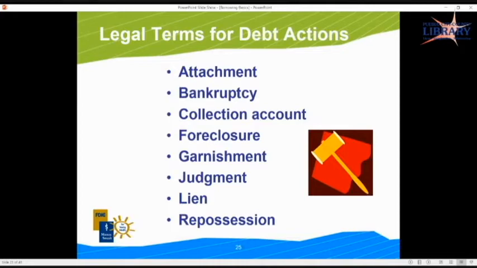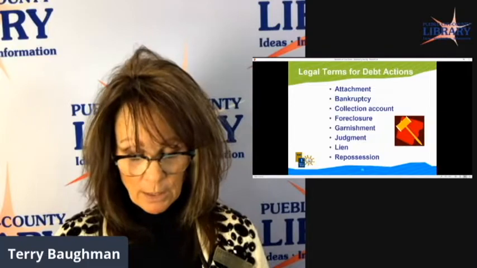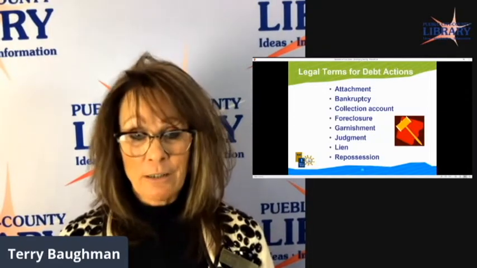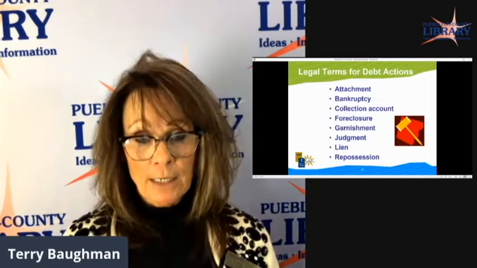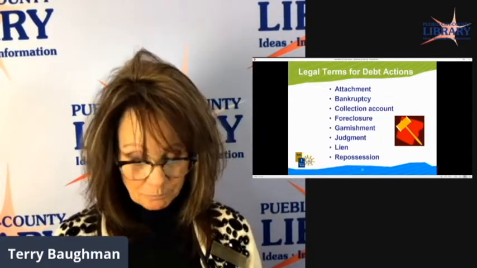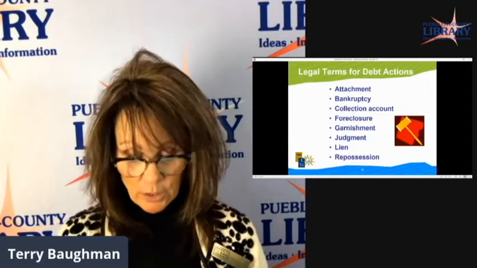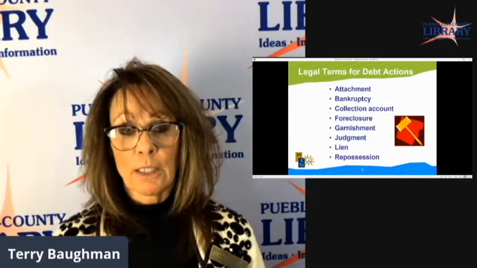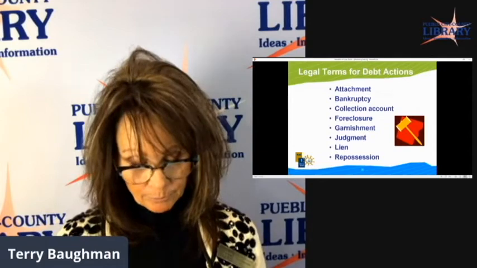A judgment is a court order requiring the debtor to pay money back to the lender, and they could place security liens on your property. Again, it's going to be a very negative piece to your credit. A lien is a lender's claim against your property to secure repayment. And then, of course, repossession is where they seize your collateral and come and take it back.